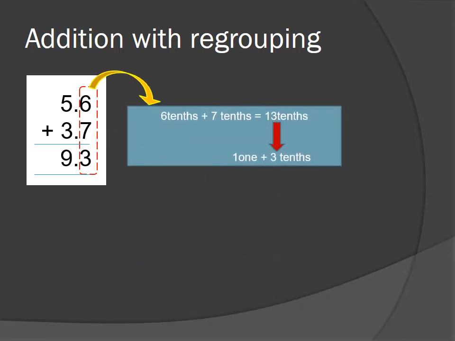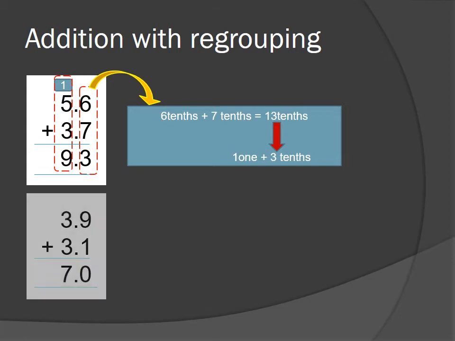So we have to regroup that 13 tenths as 1 one and 3 tenths. So now you can write 3 in the tenths place. Then the other one you have to mention in the ones place. Now you can get the sum of these three numbers. 1 plus 5 plus 3 is equal to 9. So the final answer is 9.3.